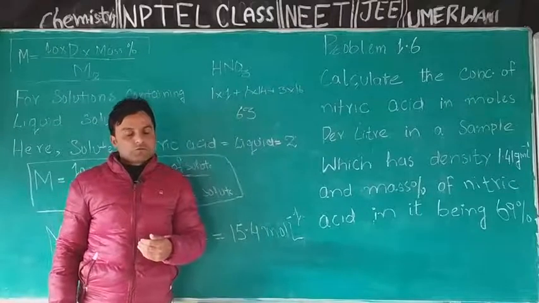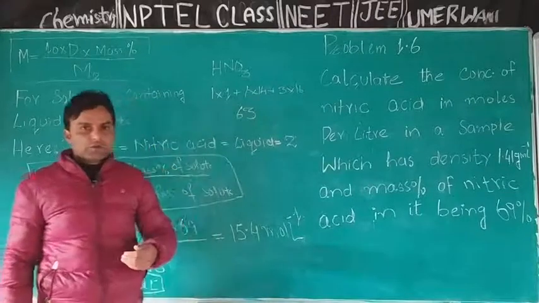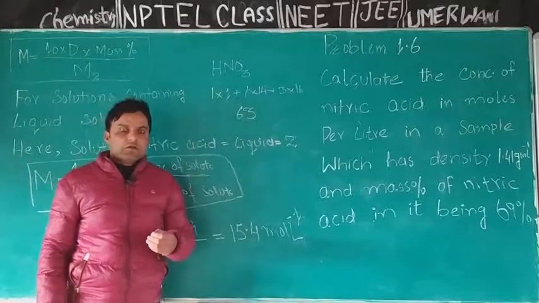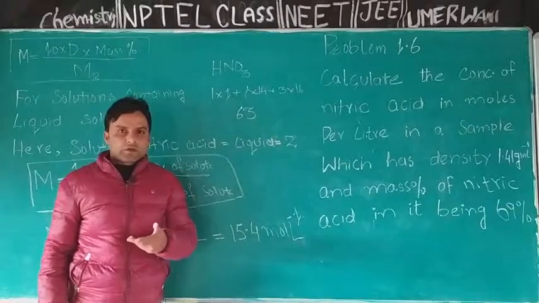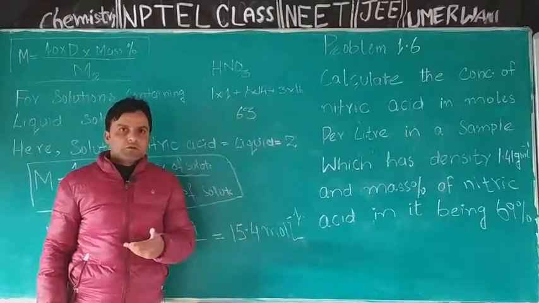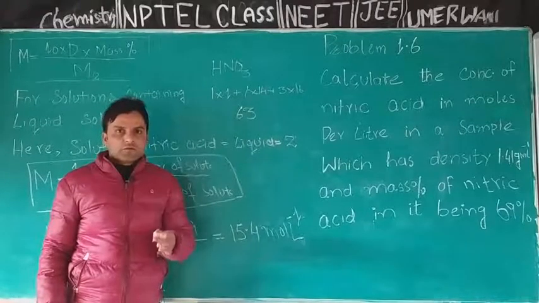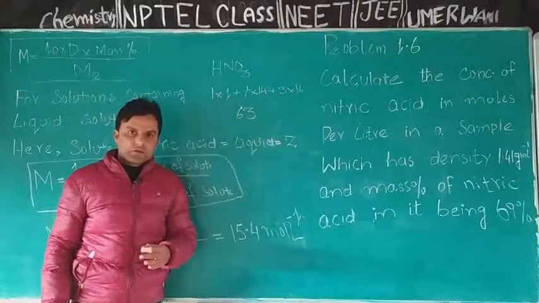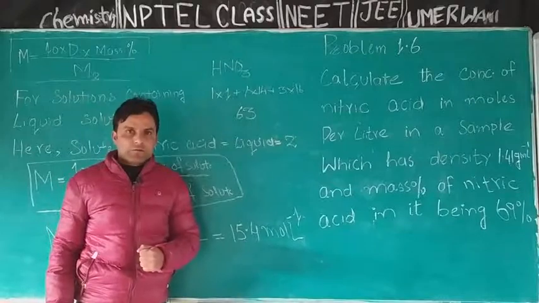For solutions containing a solid solute, we use the equation to calculate molarity of the solution as M is equal to W2 multiplied by 1000 divided by M2 multiplied by volume in ml.